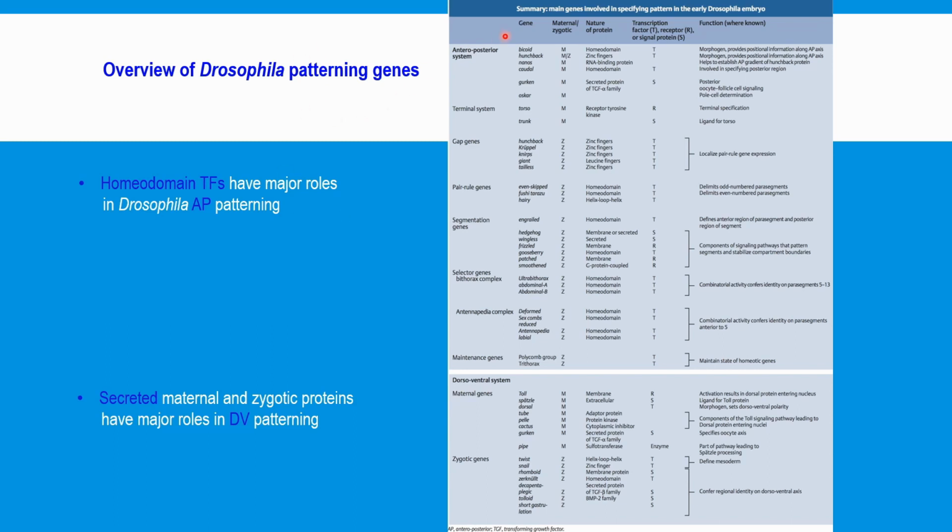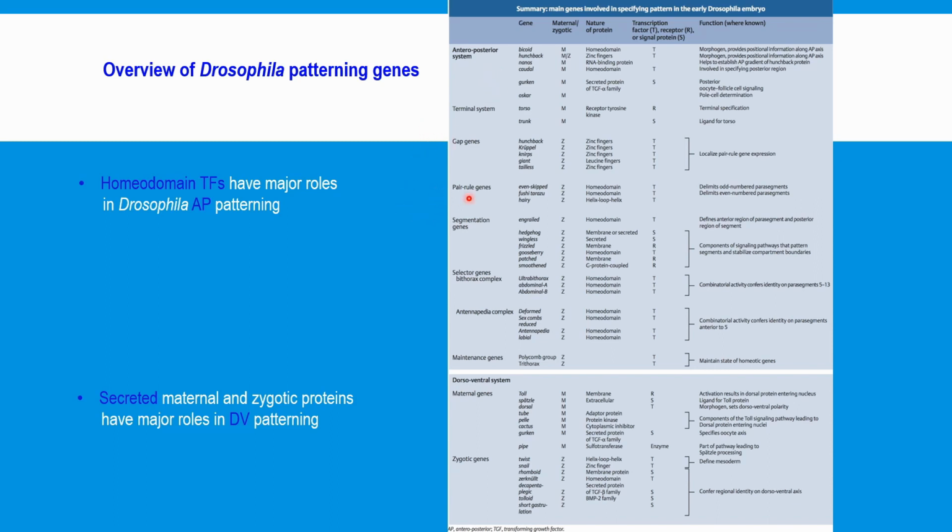If we look at the number of genes that we've actually gone through, it's a significant amount of genes. We've been talking for the last two lectures, right? We started here with, if we just look at the anterior posterior system, maternally contributed genes and how they regulate then the gap genes.